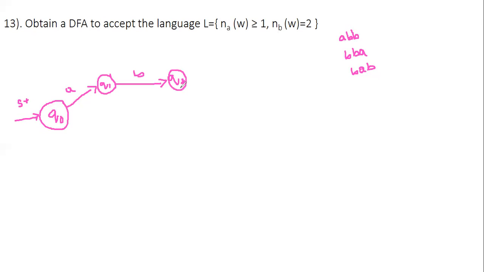Clear? Then if you receive the second B, you will change your state from Q2 to Q3, which we are making a final state. Then this pattern got accepted.